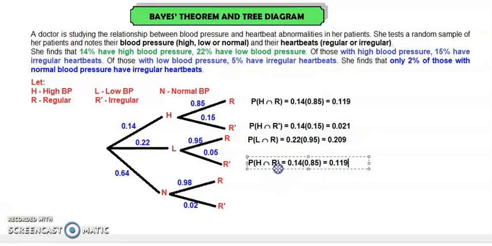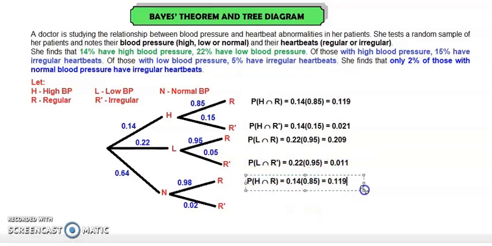Next, low blood pressure with irregular heartbeats, R prime: 0.22 multiplied by 0.05 is 0.011. Next, normal blood pressure intersect regular: 0.64 multiplied by 0.98 is 0.6272.